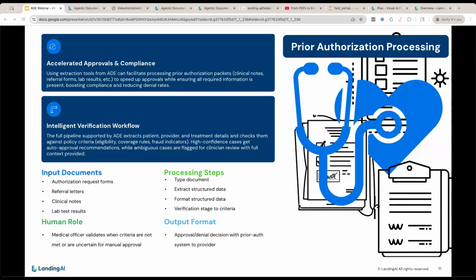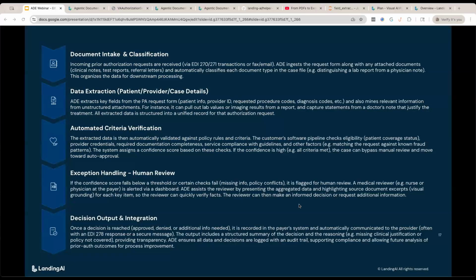And then depending upon how the cases are identified, there's probably a set of criteria that puts them in a high confidence rating, and then they're auto approved. And then the biggest ones are flagged for that clinician review. And then, of course, hopefully, that system is tying into the visual grounding results to show where and why that was flagged.